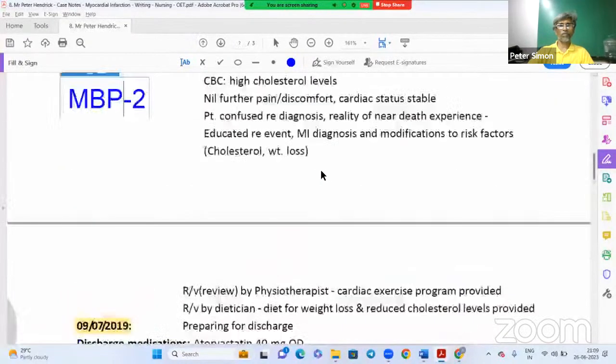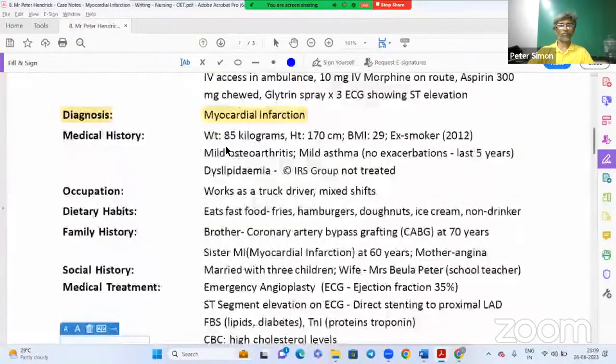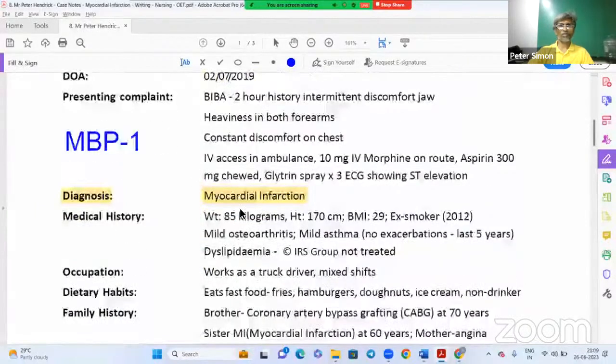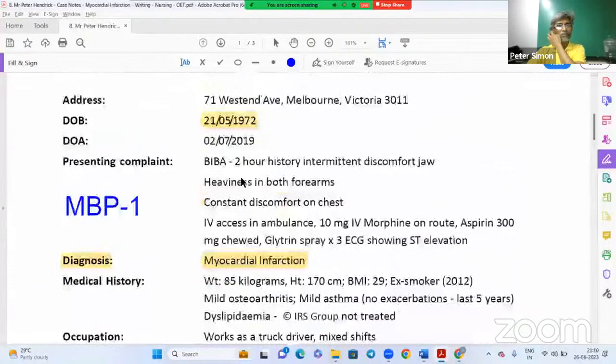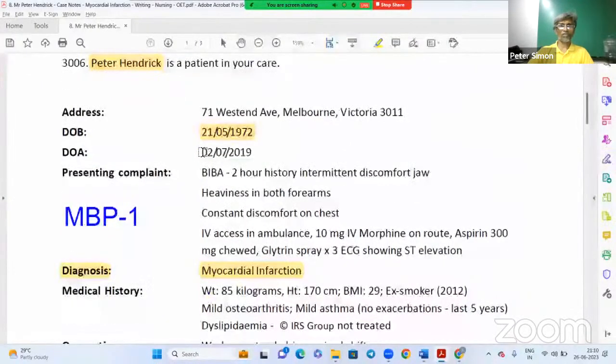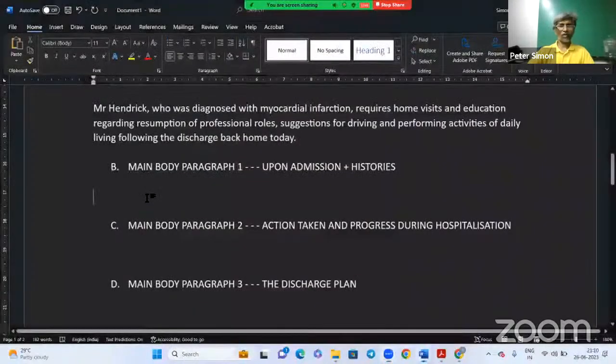So now you can see here, presenting complaint. So date of admission. You can see this is the date of admission. So he was admitted on this day, on 2nd July 2019. So you can write on 2nd July.